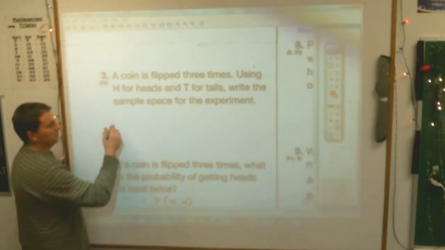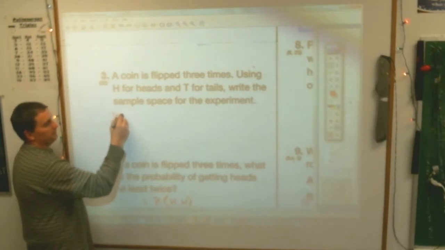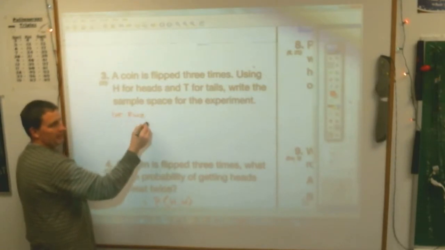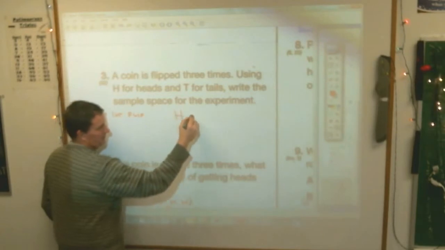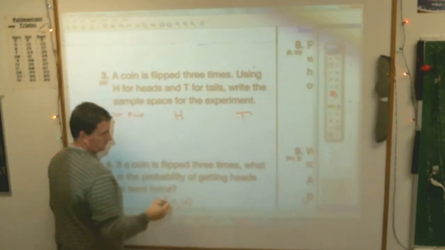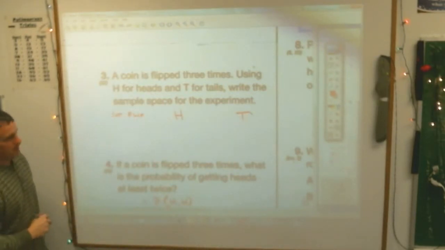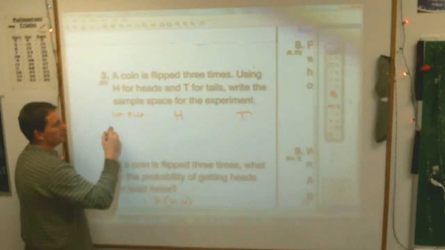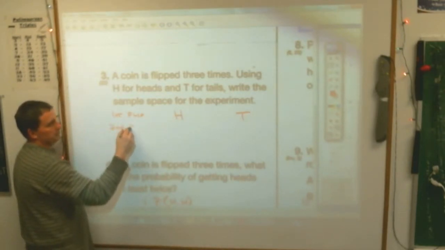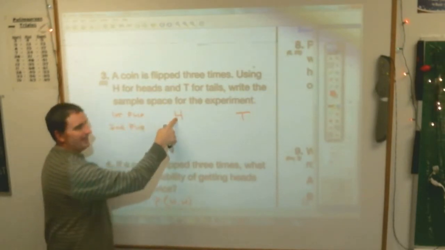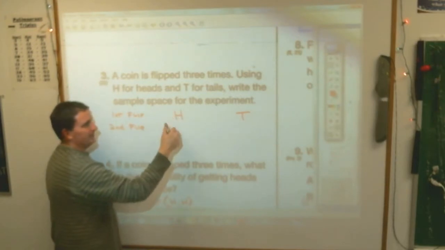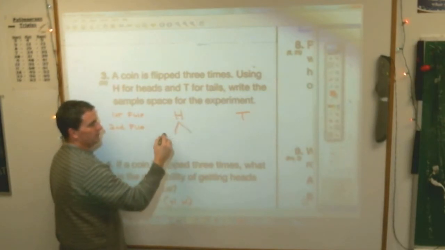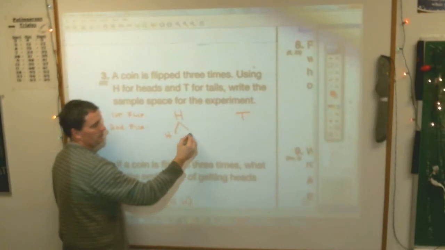Here's your first flip. Your first flip, you can either get what? A head or a tail. After you flip once, on your second flip, if you flip a head first and you flip again, you're going to have 2 choices from there: either a head or a tail.